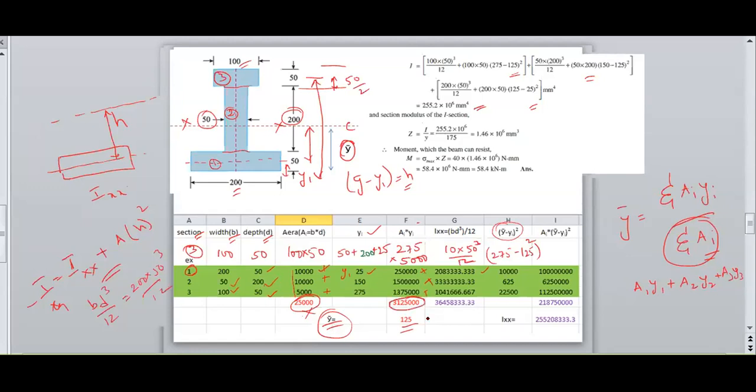Next, I need to divide this value by this to get the y bar from the bottom. While doing this table, only y1, y2, y3 need care while substituting the values. All the others you can directly substitute.